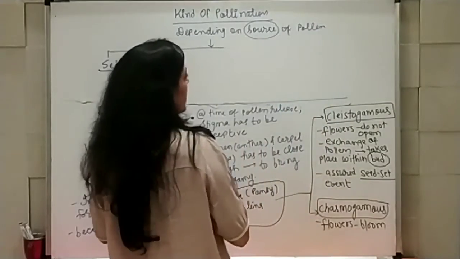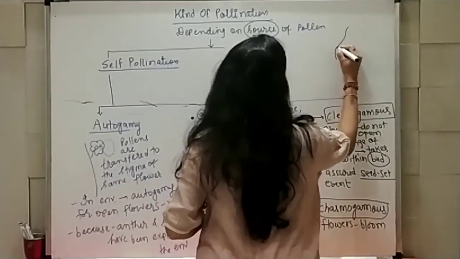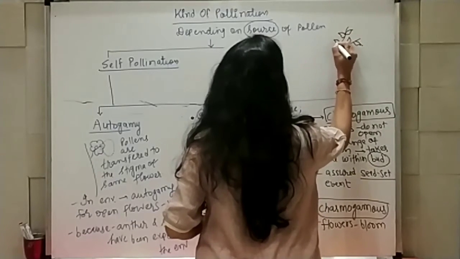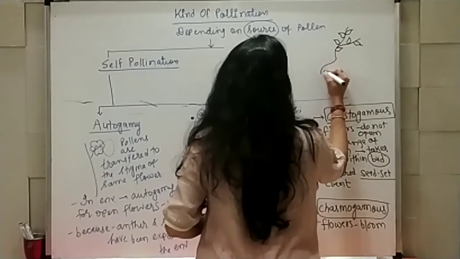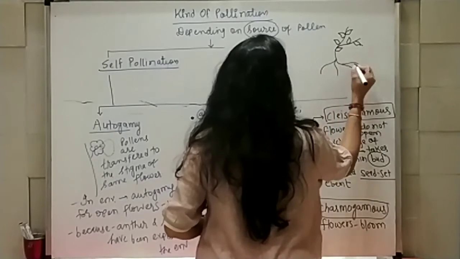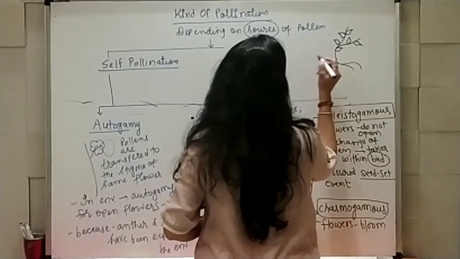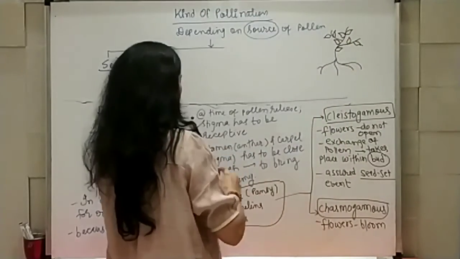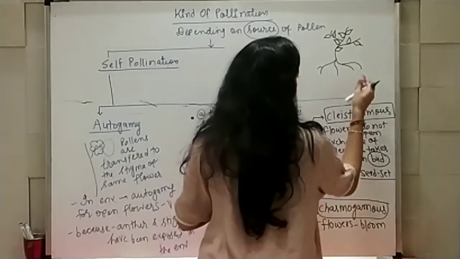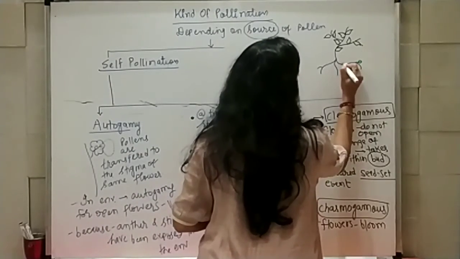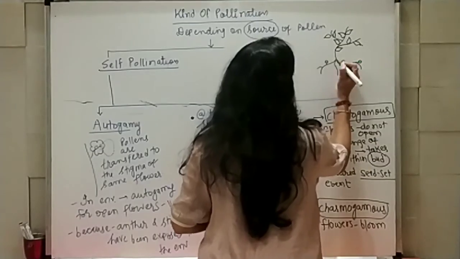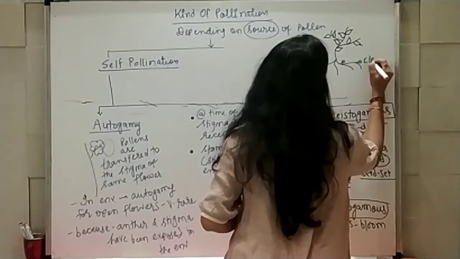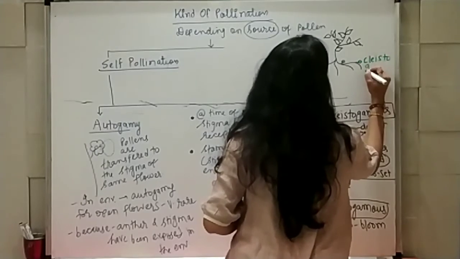For example, if this is a plant, then underground flowers which arise, those are, for example, if a flower arises here in the form of a bud, underground flowers which do not get open. So these are cleistogamous flowers.